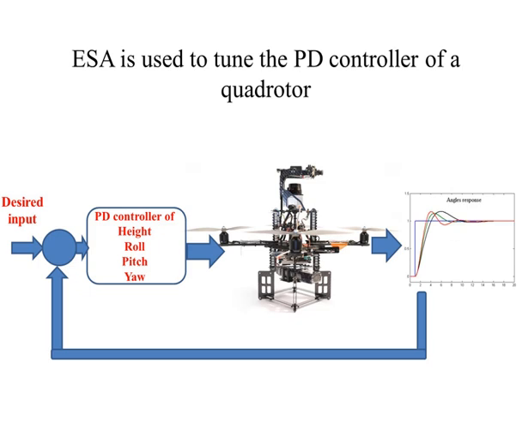The second one controls the roll or the phi angle, which is the rotation around the x-axis. The third controller is the one controlling the pitch angle or the theta angle, the angle around the y-axis. And the final controller is controlling the yaw angle or the psi angle, which is the rotation around the z-axis.